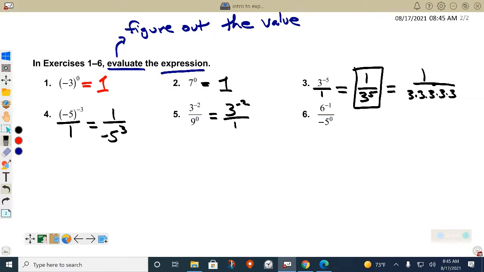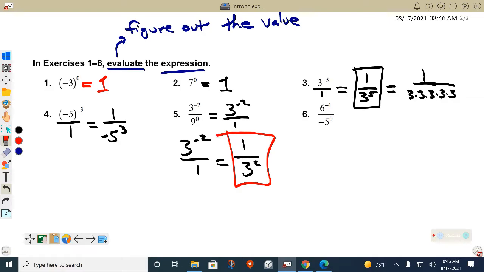Now I'm going to use a negative exponent rule, which says reciprocate that puppy, turn the exponent to positive. 1 over 3 to the second. Rocking and rolling.